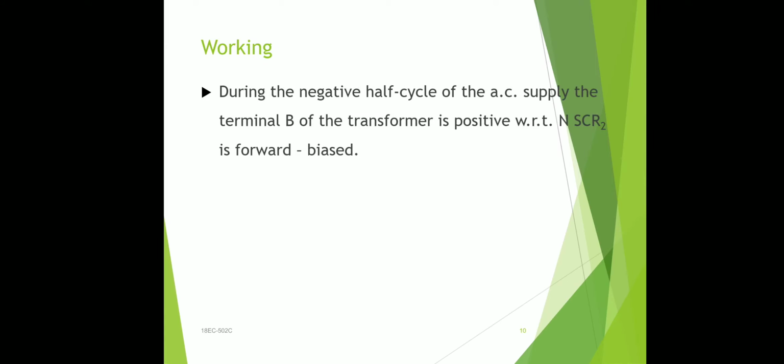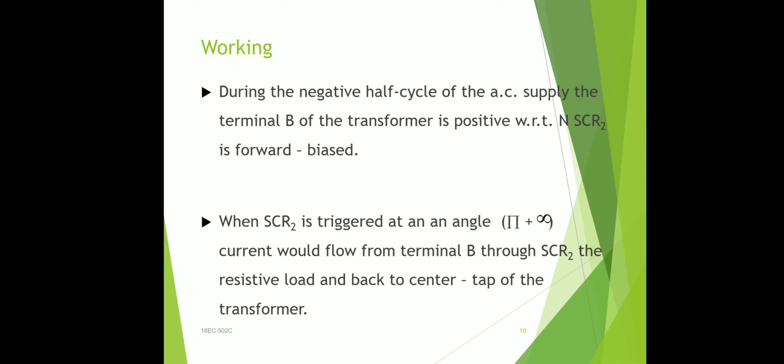For the negative half cycle, terminal B of the transformer is positive with respect to A. That means SCR2 is triggered, SCR1 is in off state. SCR2 is triggered at an angle of pi plus alpha.